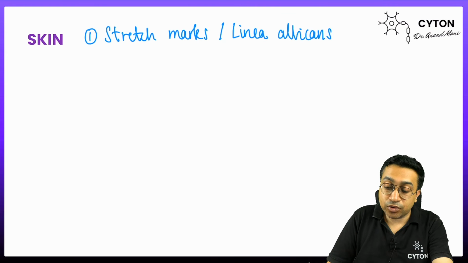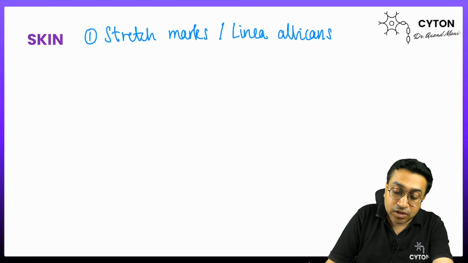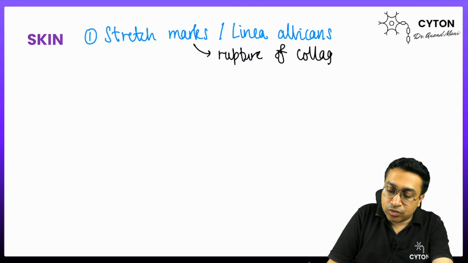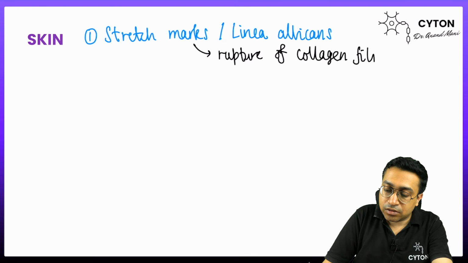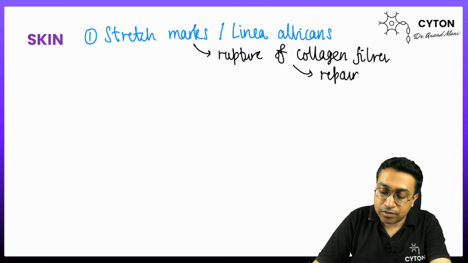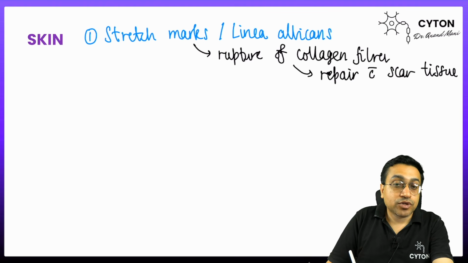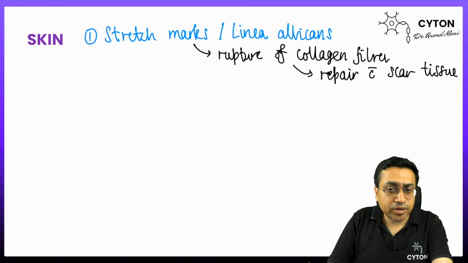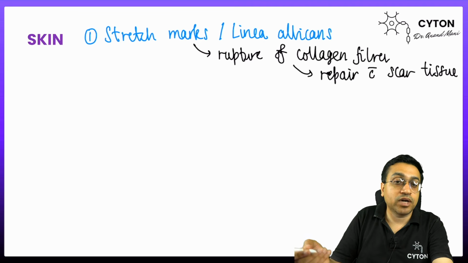This can occur due to the rupture of the collagen fibers, and they repair with scar tissue. It is commonly observed in the lower part of the abdomen, buttocks, thighs, and breasts of multiparous females, the ones who have undergone multiple pregnancies.